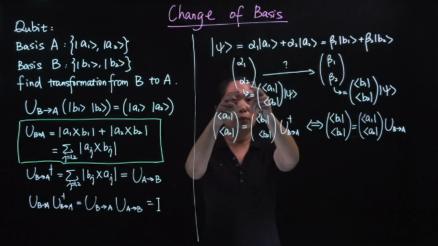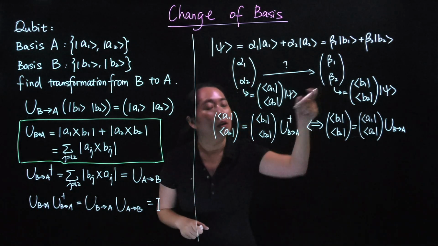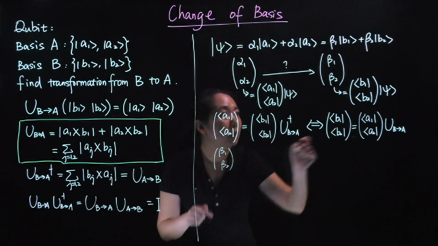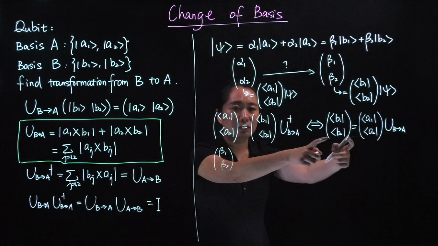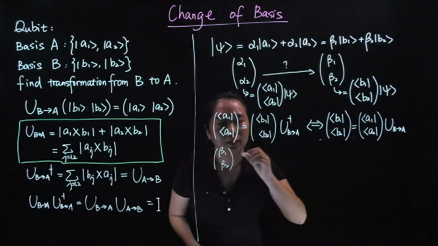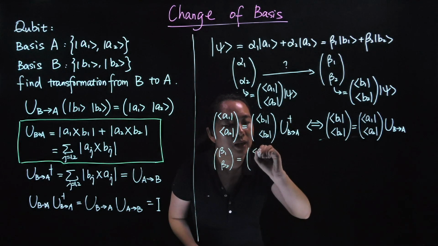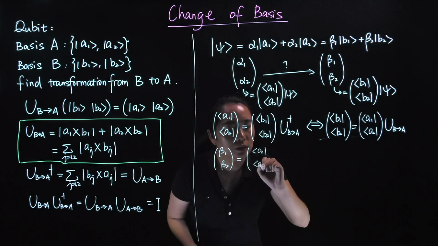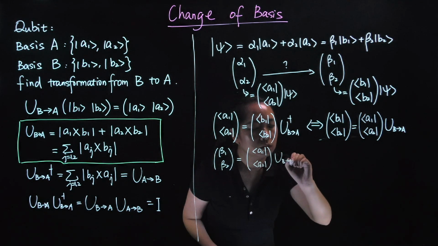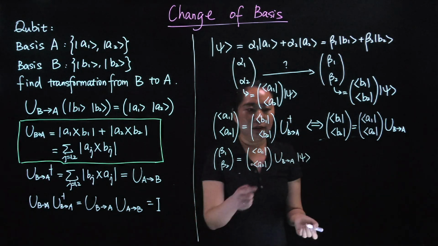And now let's see what we can do for this column of complex coefficients. The column beta 1, beta 2 is this column of the bras multiplied by the state. So we can write this as bras A1, bras A2, the unitary operation, and now we have state psi here.